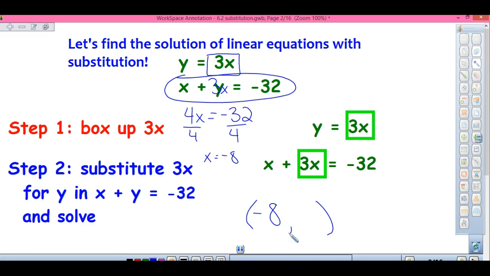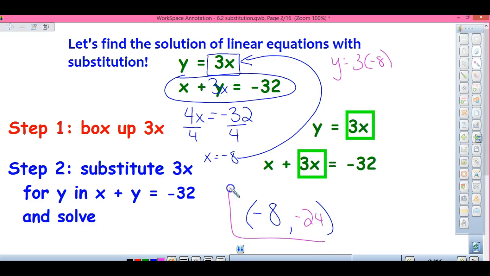Now what do I need? I need the y. So I'm going to plug it back in to my box. Because x is negative 8, y equals 3 times negative 8, which is negative 24. So my intersection point is negative 8, negative 24.